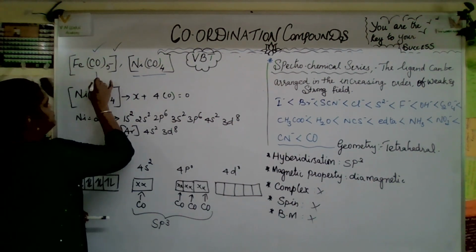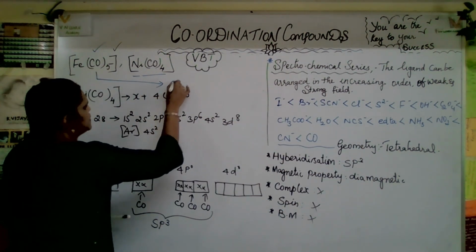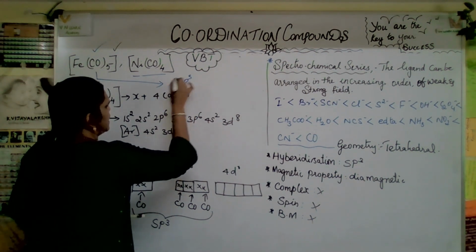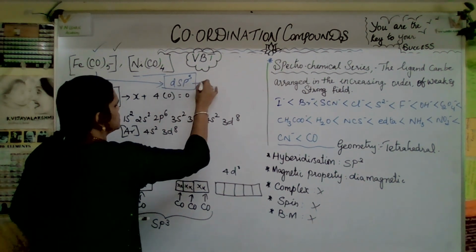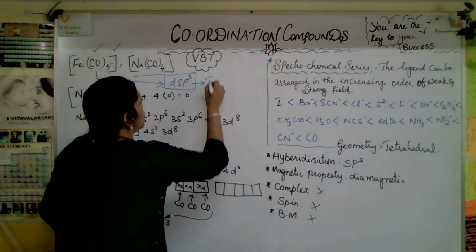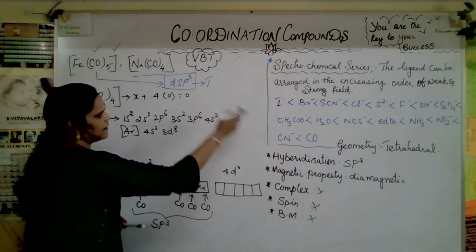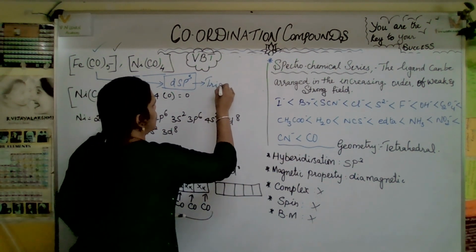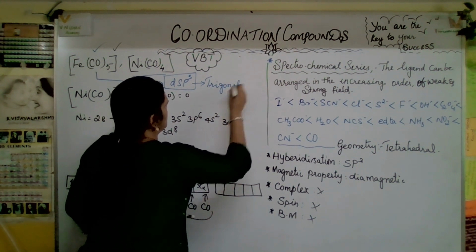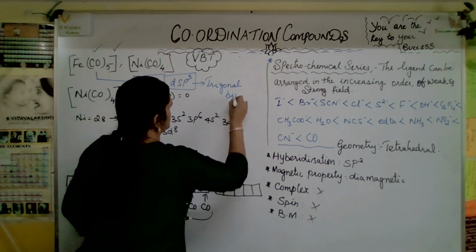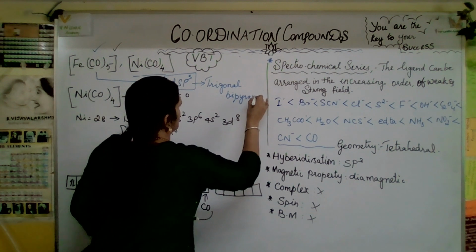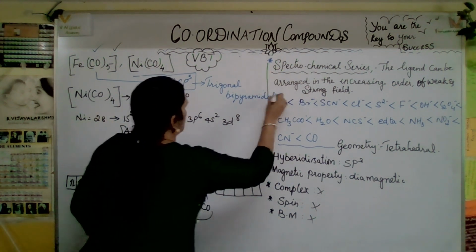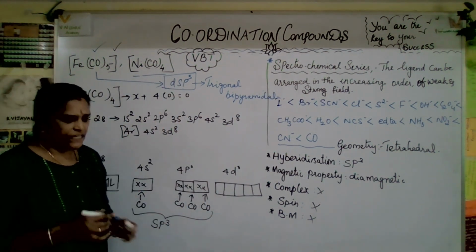Here Fe(CO)5 is dsp3, right? So dsp3 hybridization gives trigonal bipyramidal geometry. Last time we forgot it, right? Trigonal bipyramidal. Hope you're clear with all these ideas.